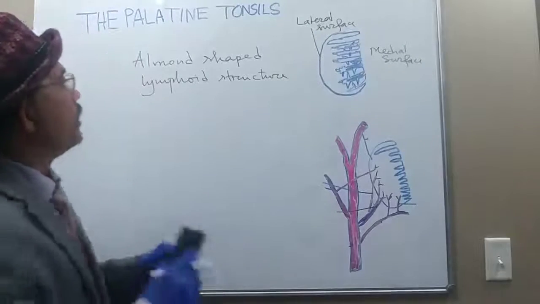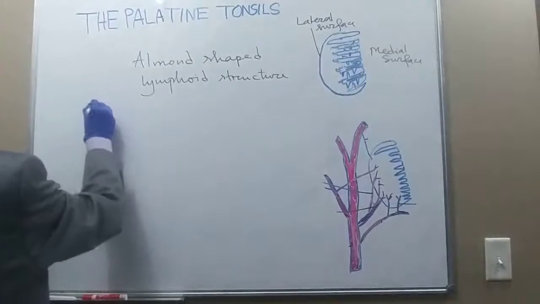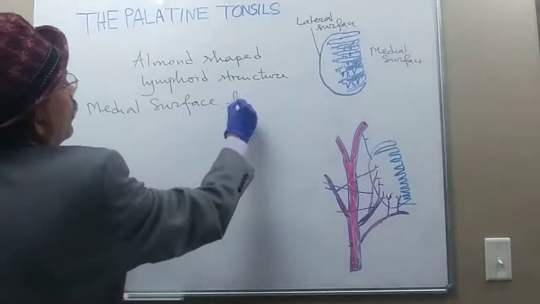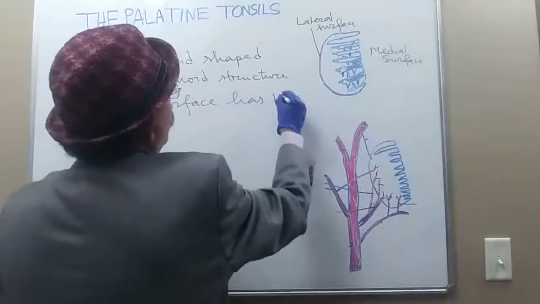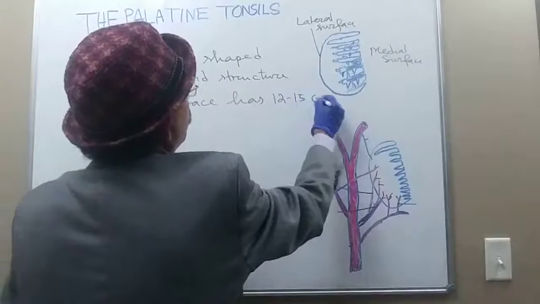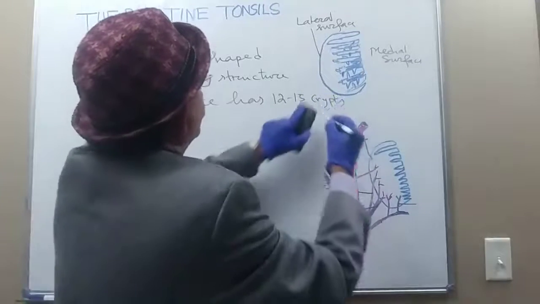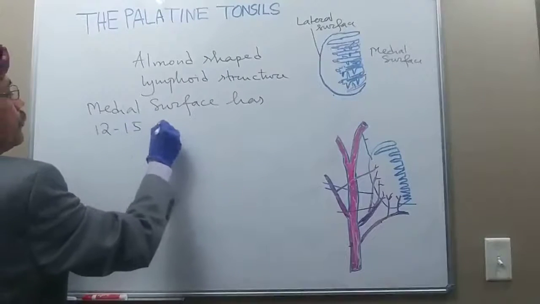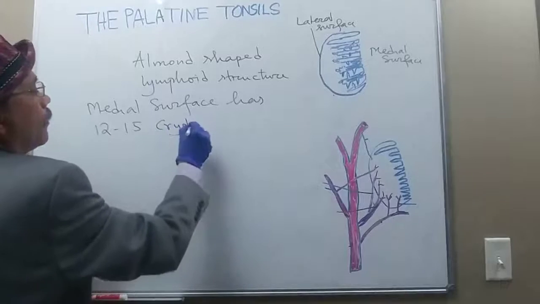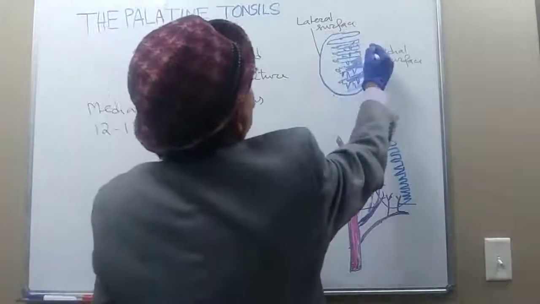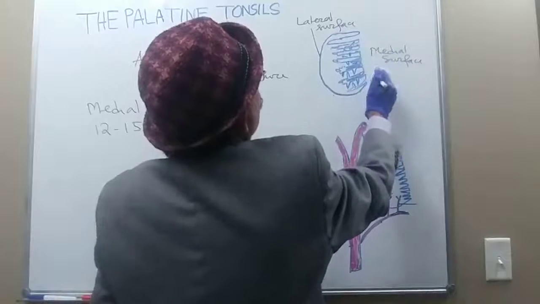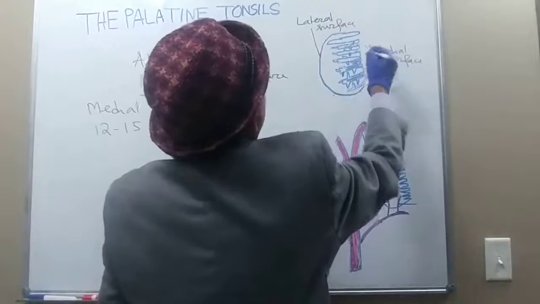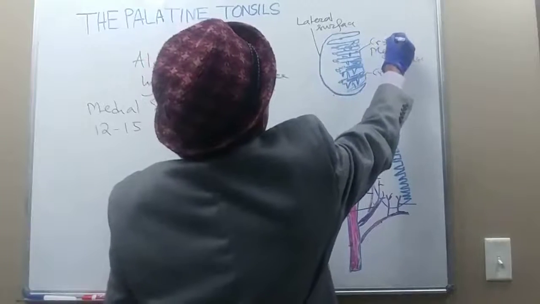If you go to the medial surface, the medial surface has about 12 to 15 crypts. So these are the crypts. This is a crypt here, this is a crypt, we have a crypt here.